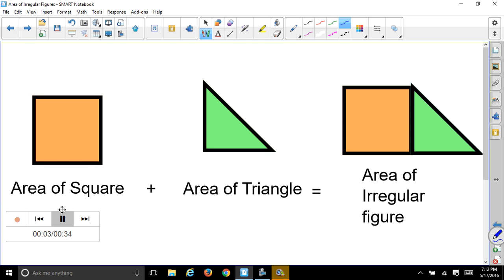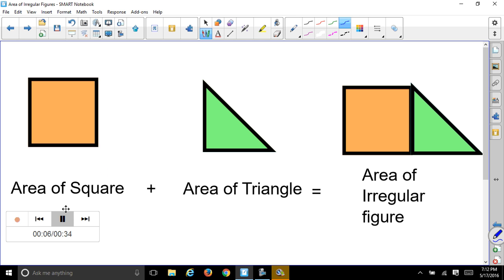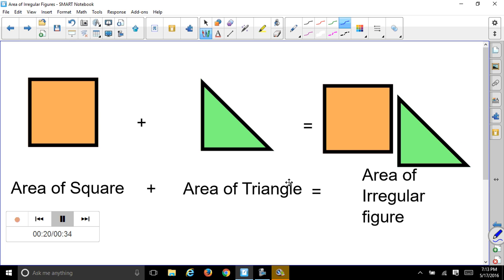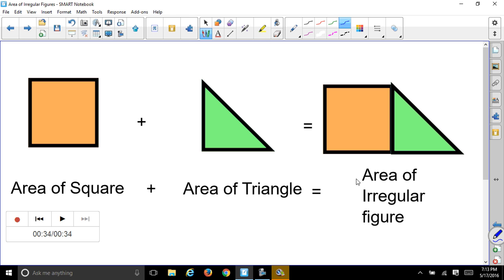Once we find the area of that square, we then are going to add to it the area of this triangle. So once we find the area of the triangle, we're going to combine those two areas, the area of the triangle plus the area of the square, and that'll give us the area of the irregular figure. So that's what we got to do.